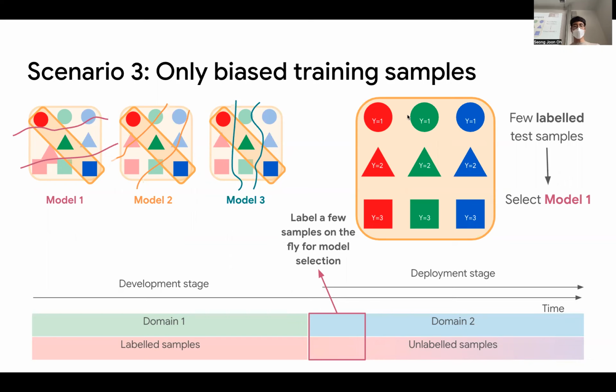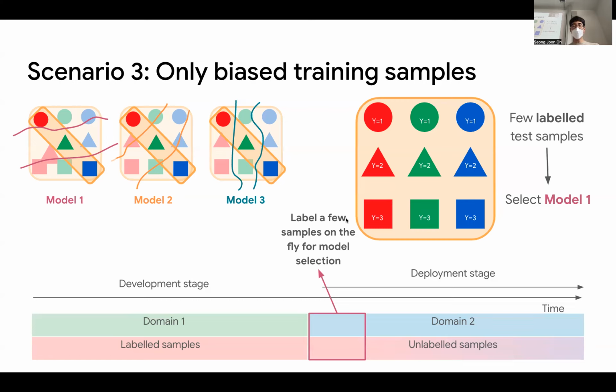What I'm going to do, for example, is to label a few test samples at test time, like these ones here. So clearly what I'm looking for is the shape Q here, right? Because I'm labeling circle as one, triangle as two, and so on. So once we have this labeling for a few samples from test time, then based on that, we can choose model one, because that's giving me the best accuracy at test time.